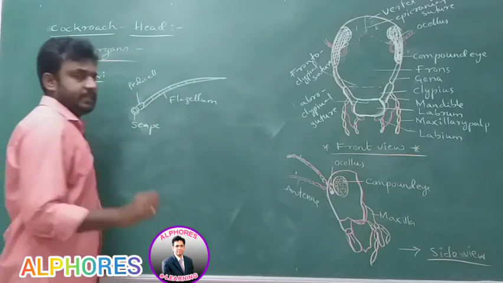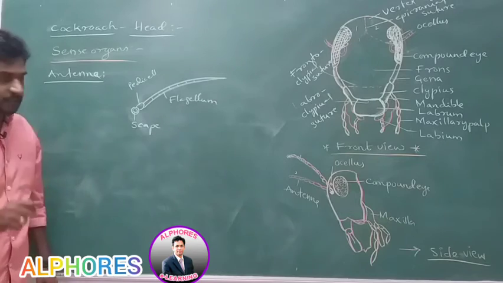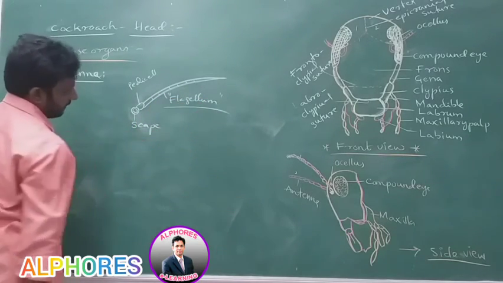What is the multi-segmented part of the antennae? The multi-segmented part of the antennae is the flagellum.